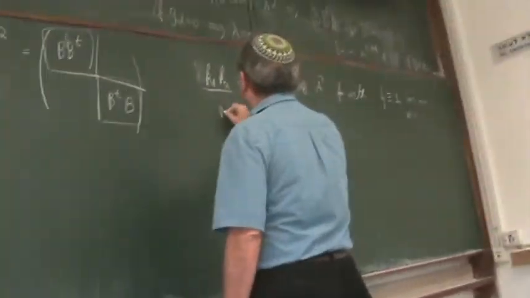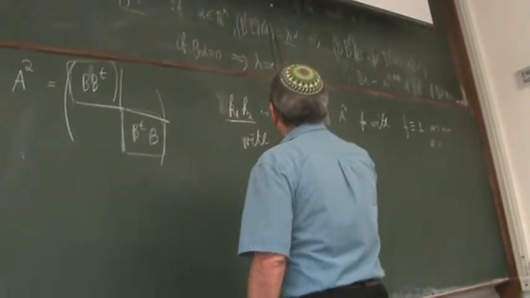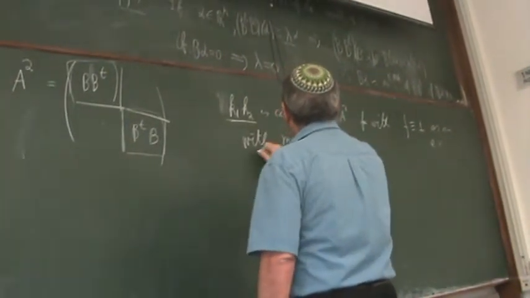So this is an eigenvalue, in fact with multiplicity 2, because the graph is not connected.